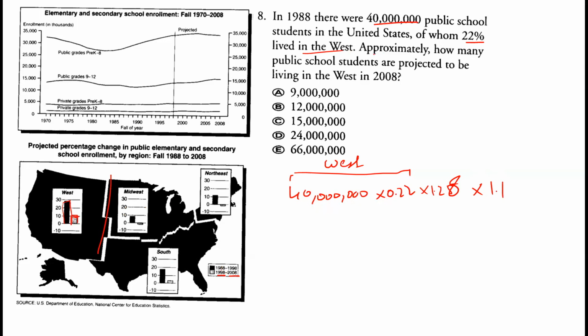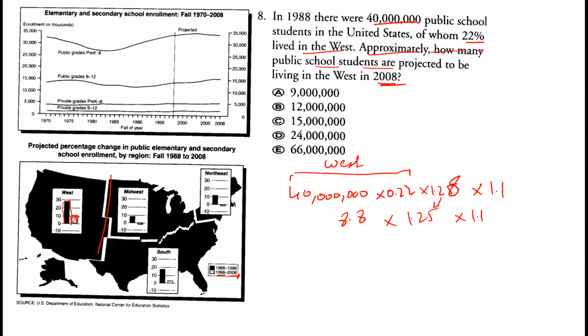Now we need to calculate approximately how many public school students are projected to be living in the West in 2008. From 1988 to 1998, in 10 years, there is an increase of 28%, and then from 98 to 2008 there is an increase of 10%. So 40 into 0.22 is 8.8 million. Let's convert this to 1.25 to make our life easier.